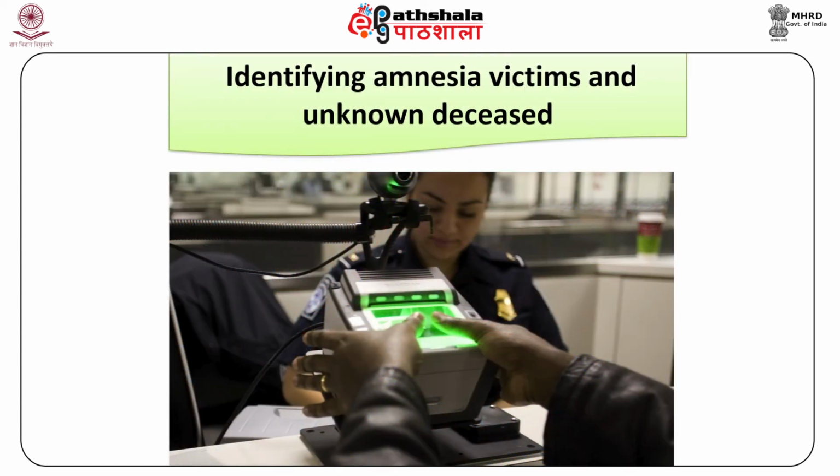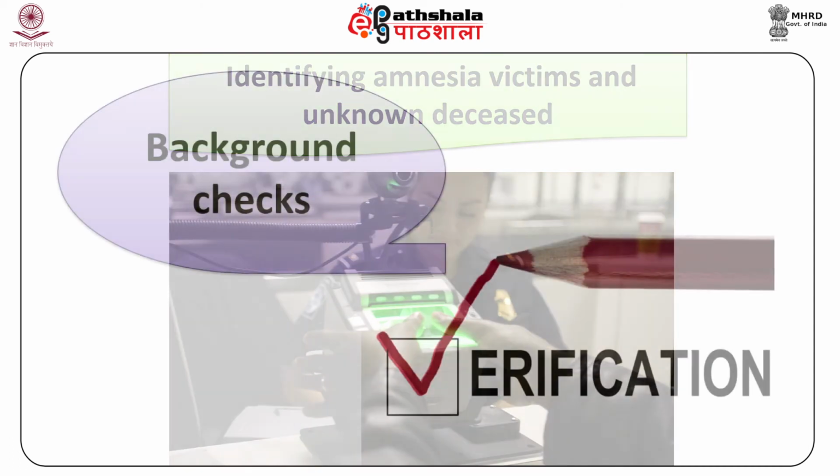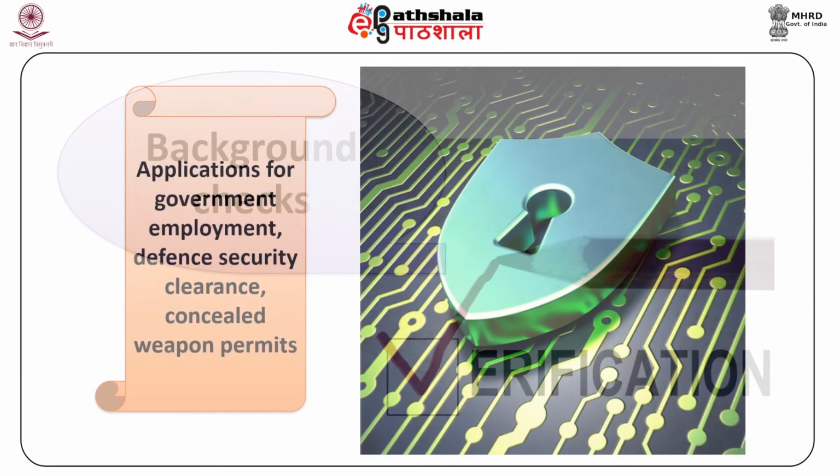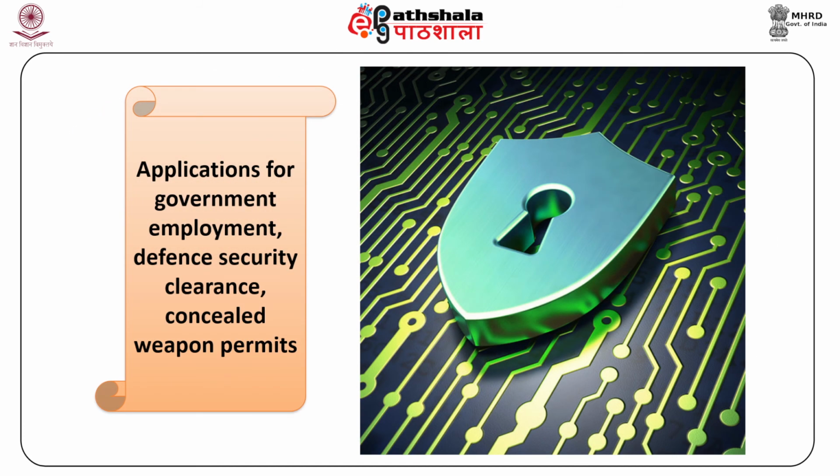Second, identifying amnesia victims and unknown deceased, such as victims of major disasters, if their fingerprints are on file. Next, conducting background checks, including applications for government employment, defense, security clearance, concealed weapon permits, etc.